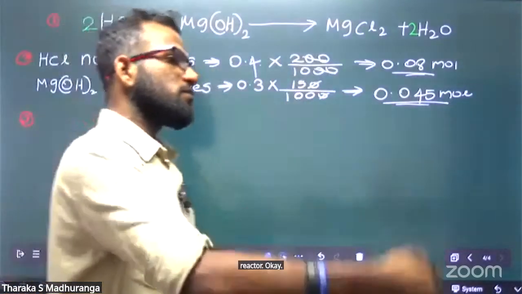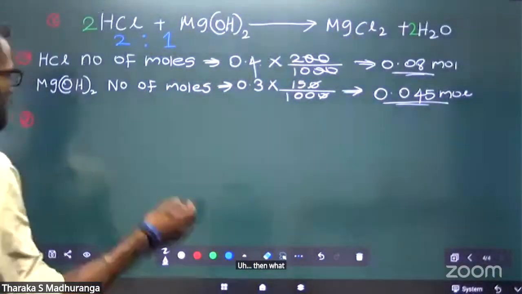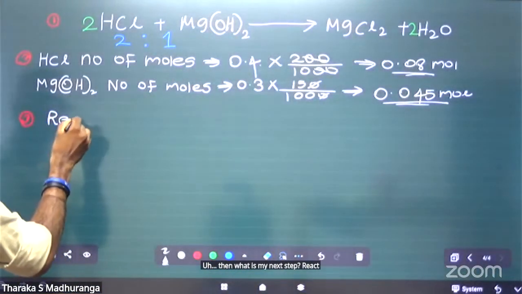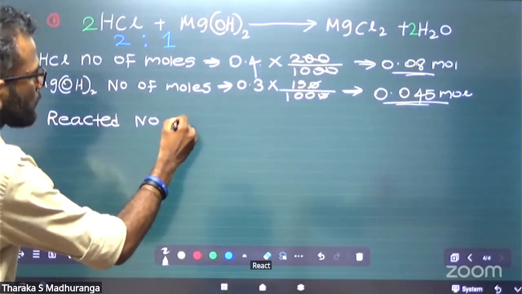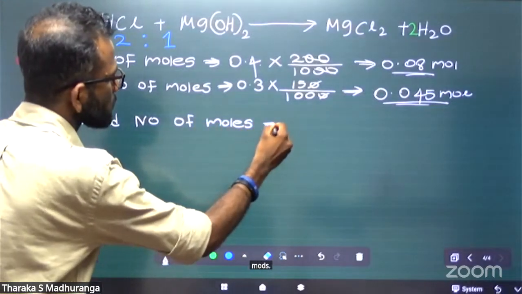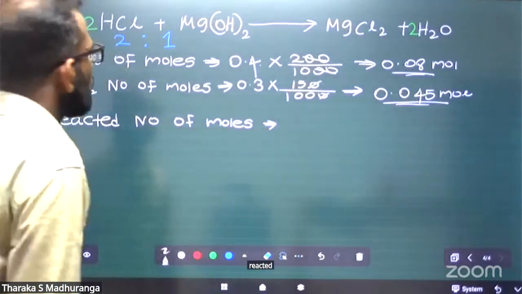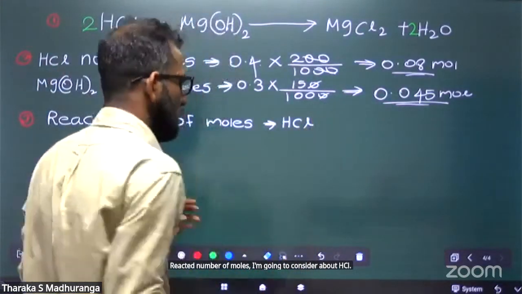Then what is my next step? Reacted number of moles. For reacted number of moles, I am going to consider HCl. Understand?